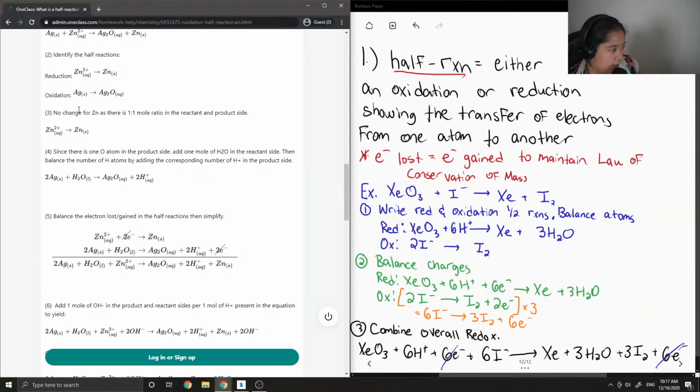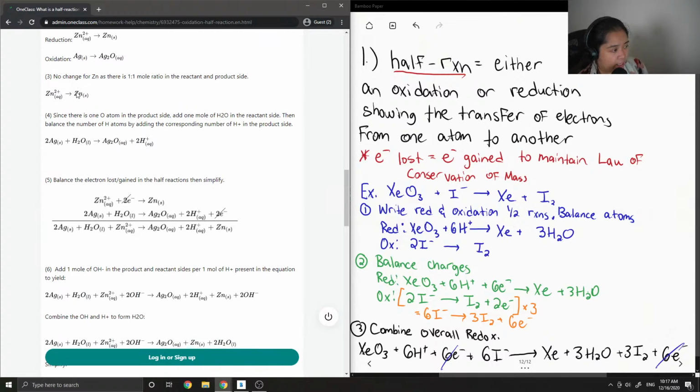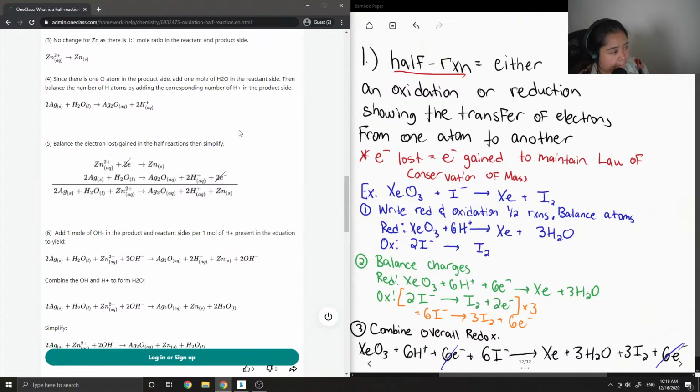Step 3, no change for zinc, as there is a 1-to-1 mole ratio in the reactant and product side. Okay, so see the atoms are already balanced. Or, since there is one oxygen atom in the product side, add 1 mole of H2O in the reactant side. Then balance the number of hydrogen atoms by adding the corresponding number of H plus in the product side. Yep.